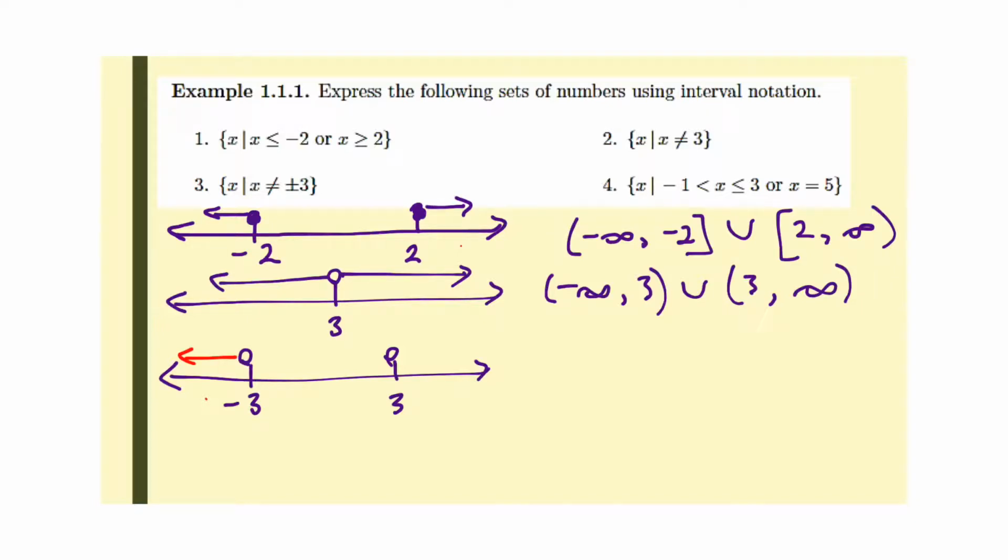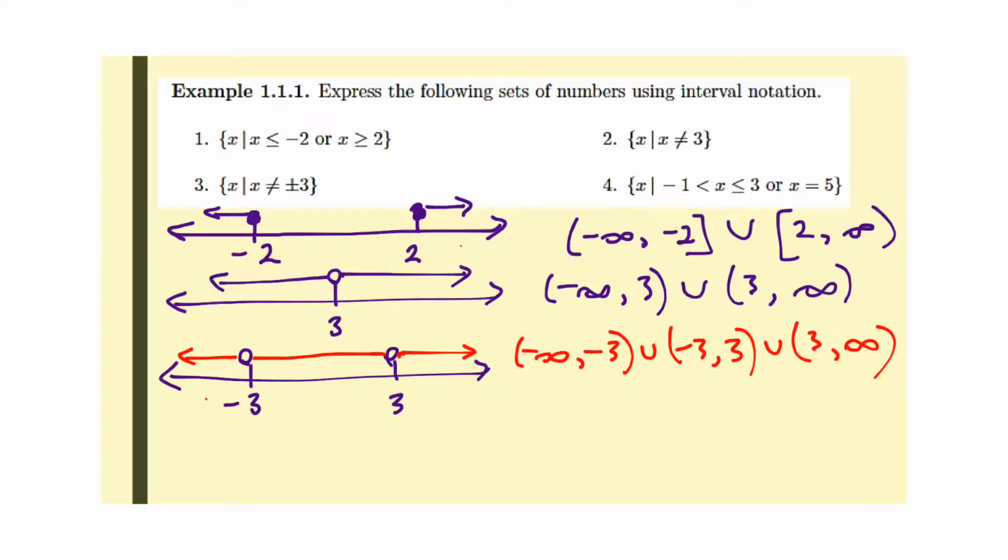It can be over here, it could be in here, and it could be over here. It just can't be those two places. So we need two union symbols here because we've got a three-piece graph. I've got negative infinity to negative 3, negative 3 to 3, and then 3 to infinity.